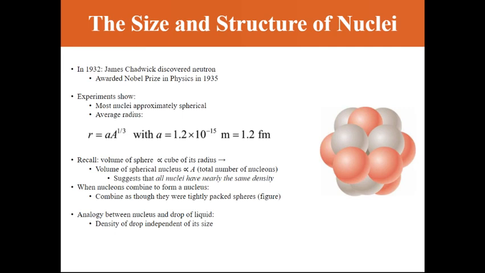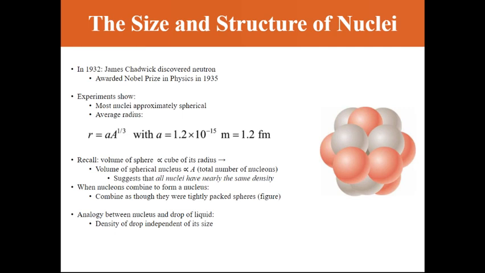To give you an idea of how small that is, 10 to the negative 15 meters is a quintillion times smaller than the width of a strand of hair. And that's for a hydrogen nucleus, but even heavier nuclei are really not that much bigger than that. So these are very, very tiny things.